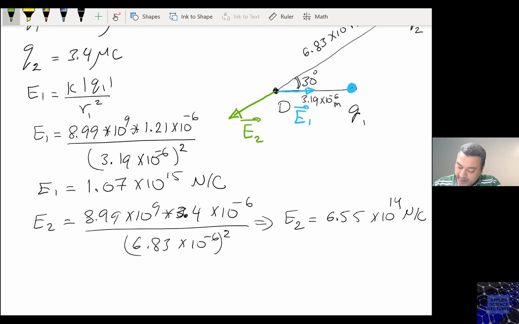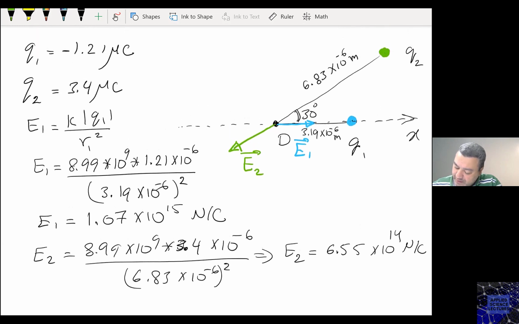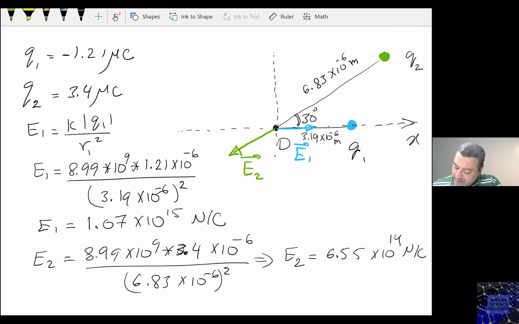I need to project E2. So if I assume that this is my X, this is my Y, then projecting E2 on the X and Y, this one would be E2X, and this one would be E2Y.